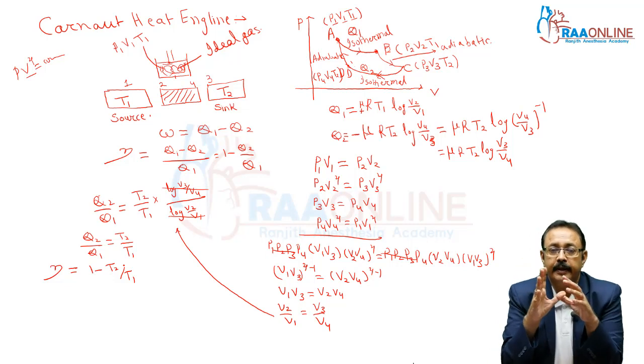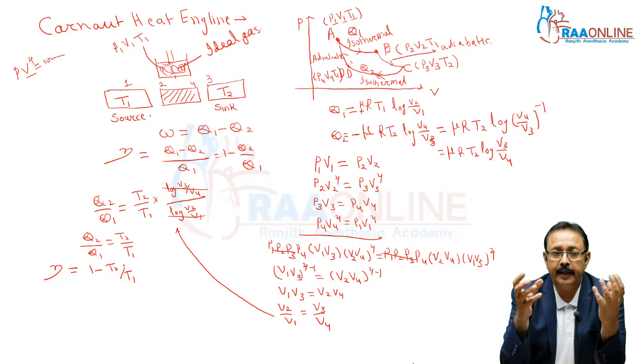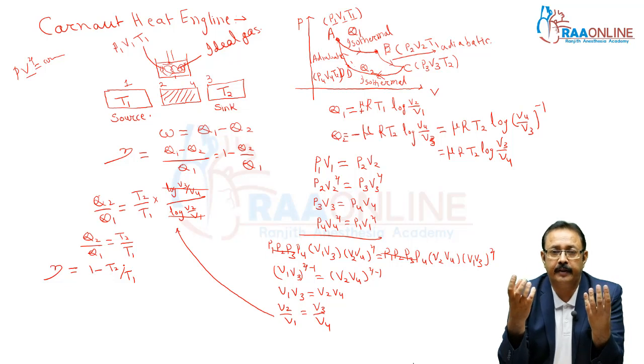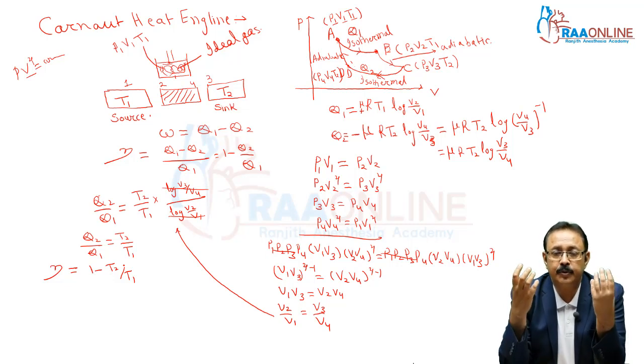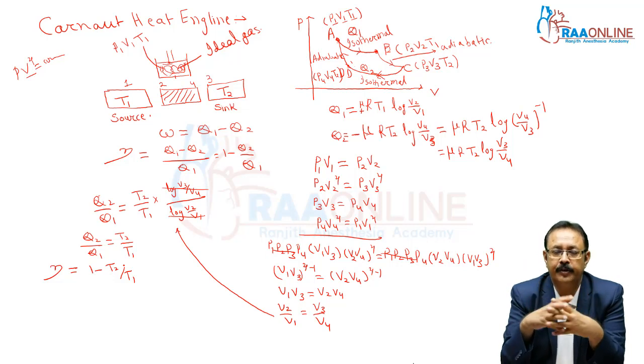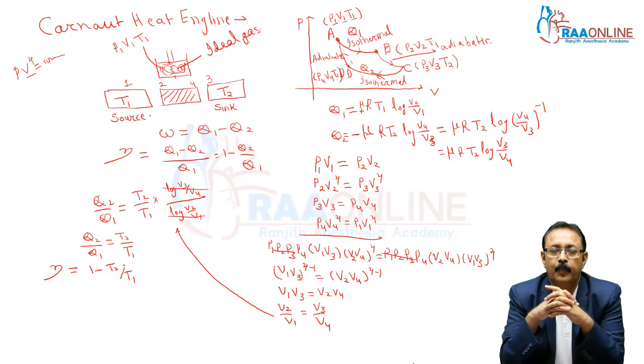Even if you use ideal conditions, take a source of infinite thermal capacity, take a sink of infinite thermal conductivity, and use ideal gas as working substance, you will not get 100% efficiency. It is less than 1, which means in percent, it is less than 100%.